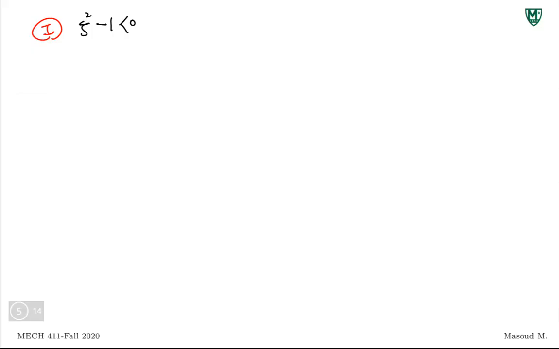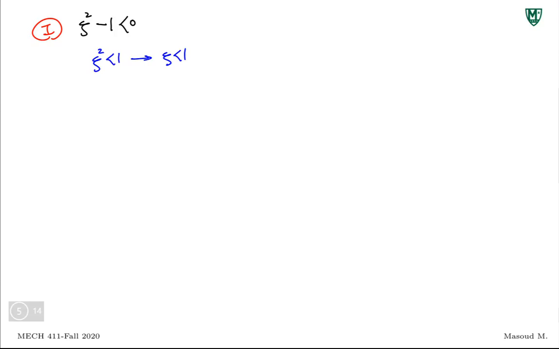Now, if zeta squared minus 1 is smaller than 0, you get zeta squared smaller than 1. We don't care about the negative part. So zeta becomes smaller than 1. Technically, zeta is smaller than 1 and greater than minus 1, but we don't care about the negative part. Let's just stick to the positive part.